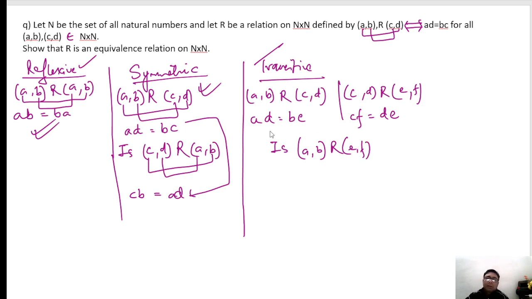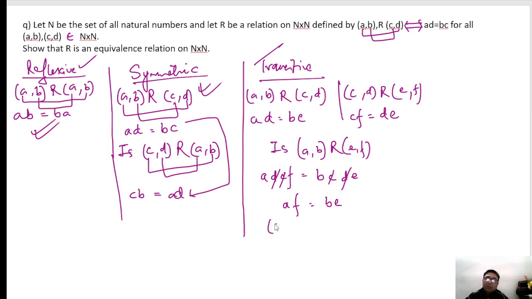So let's see. If I multiply these two, AD CF will be equal to BC DE. Okay, so D and D will cut, C and C will cut, so AF is equal to BE.